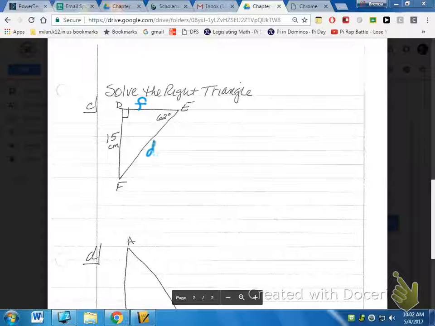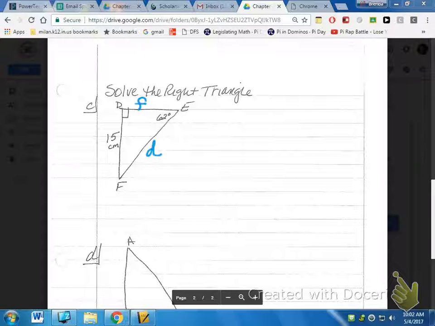Now, crazy as it seems, some of this is going to be this simple. How much do the 3 angles of a triangle add up to? 180. If you have a right triangle, which we do, the 2 angles that are not right are always complementary, meaning they add up to 90.